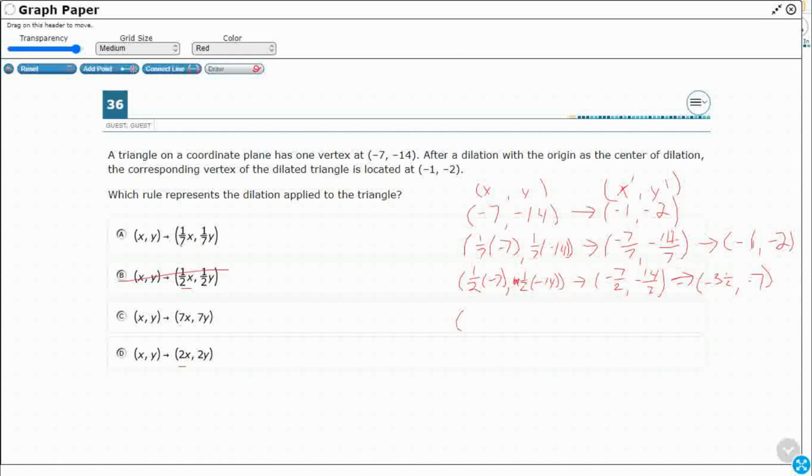So this is just 7x, 7y. All right, so 7 times -7, and then 7 times -14. So that's going to turn into -49. Wow. Yeah, that's not going to work.